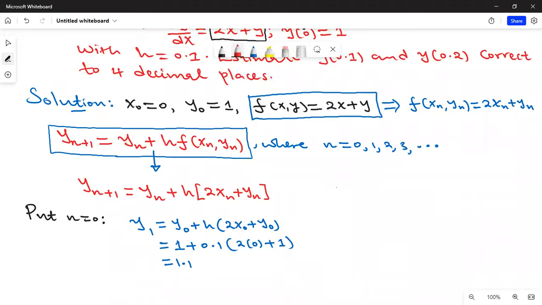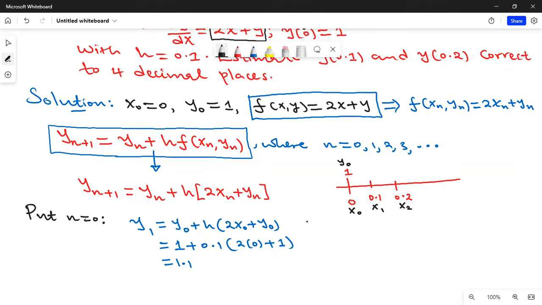Let me illustrate what we mean by y naught, y1. You see, what we have is this one. Our initial condition, we are told that when x is 0, y is 1. And our step size is 0.1. So you go to 0.1, then 0.2, etc. Because we want to find the value of y when x is 0.2. So this 0 is x0, this is x1, and this is x2. This one is y0.